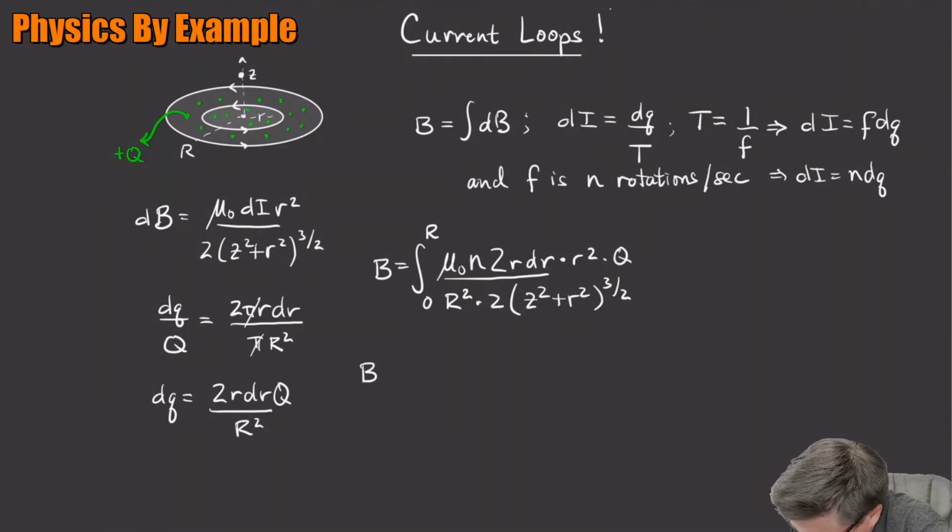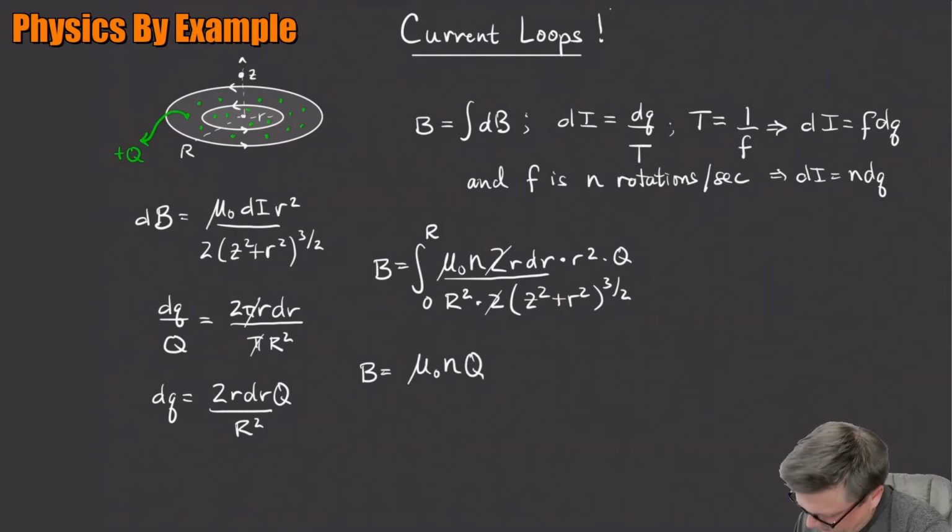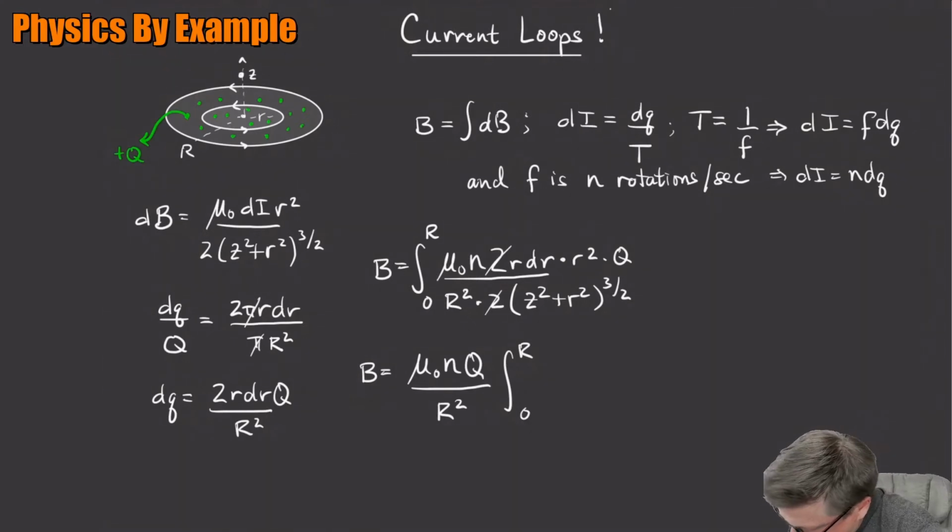So the magnetic field is, the 2's cancel. So I'm going to have mu naught n q over r squared, and then 0 to r, and then I'm going to have r cubed dr, and then on the bottom I'm going to have this business.